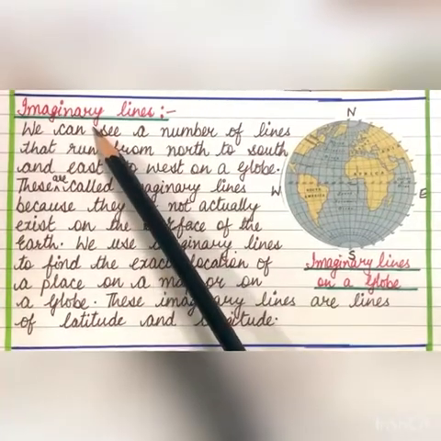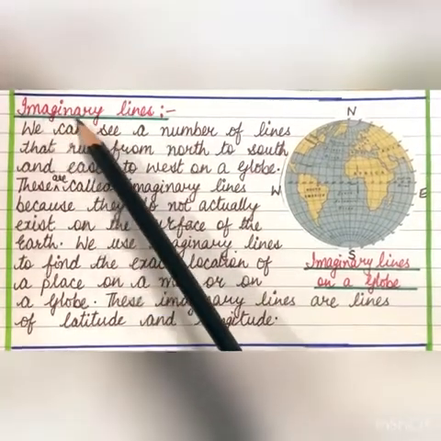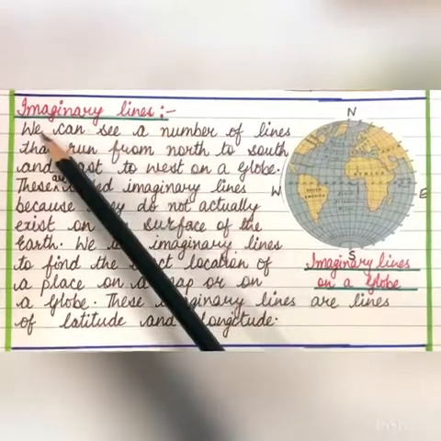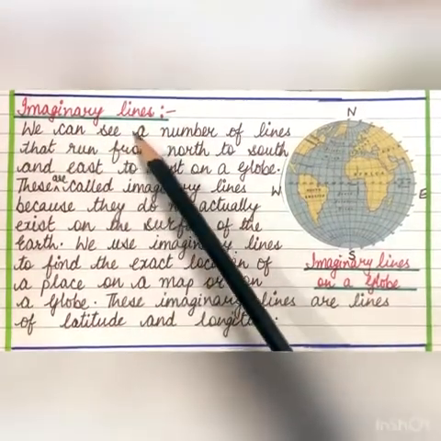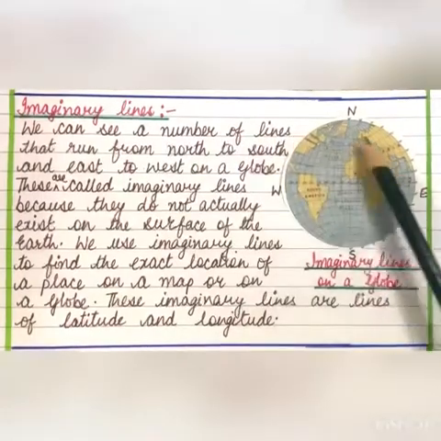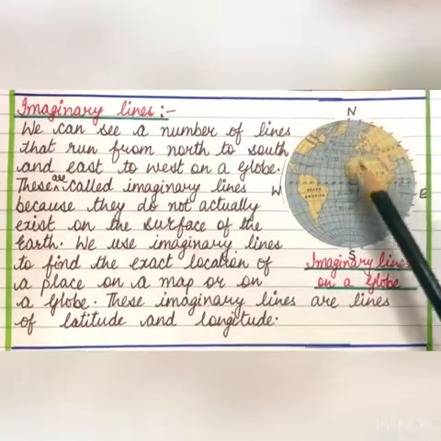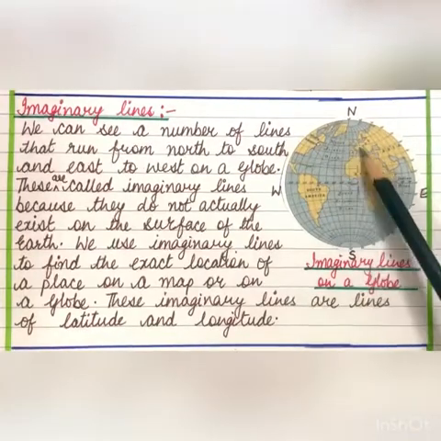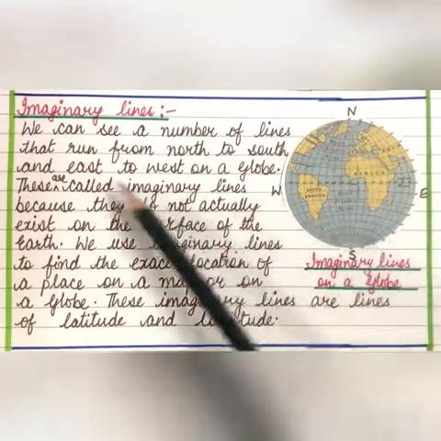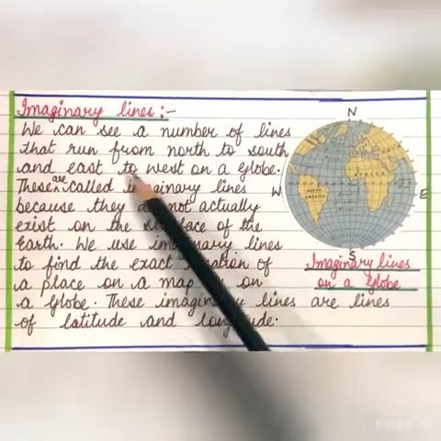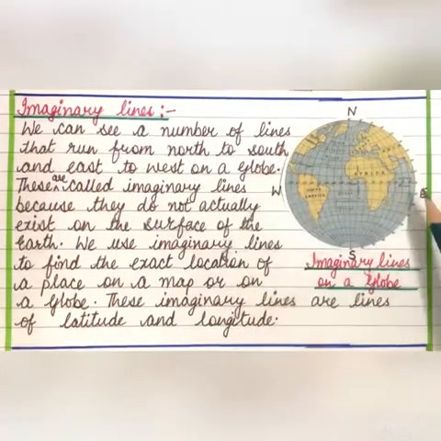Now we will discuss about imaginary lines. We can see a number of lines that run from north to south and east to west on a globe.